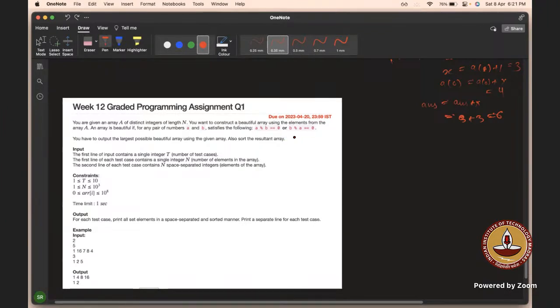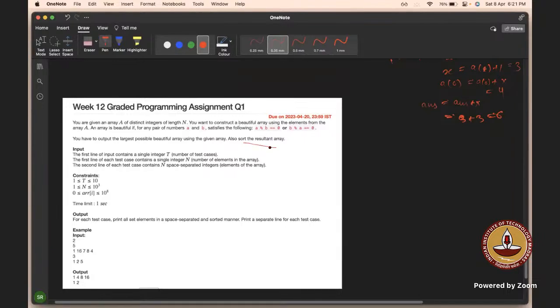That is that either B is divisible by A or A is divisible by B, right? And then you have to output the largest possible beautiful array using the given array, right?